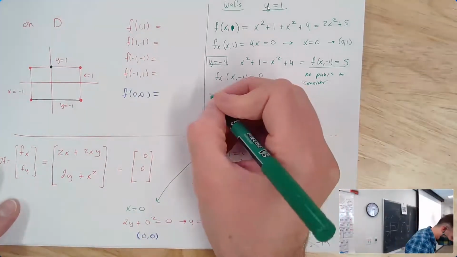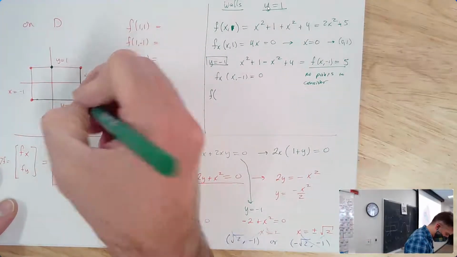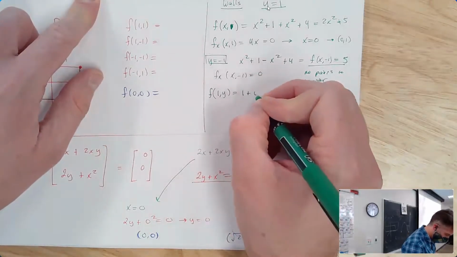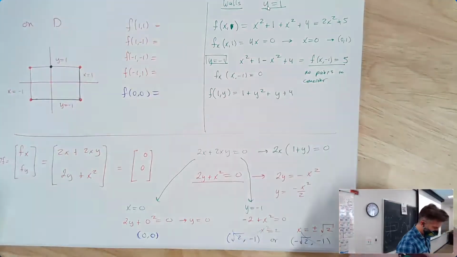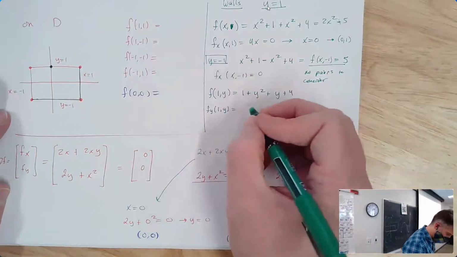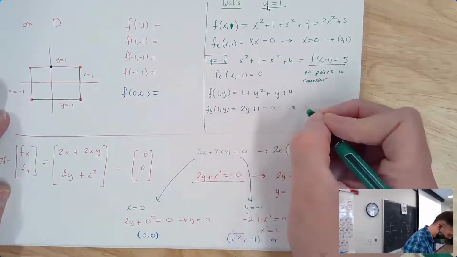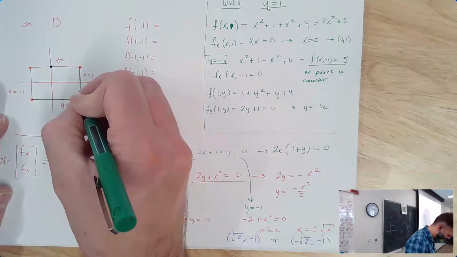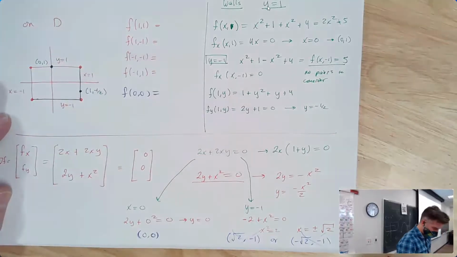All right, now we're going to look at this wall, f of 1 comma y. That's going to be 1 plus y squared plus 1 times y plus 4. And then we take the derivative. Fy is going to be 2y plus 1. So we're going to get y equal to -1/2. So 1 comma -1/2 is another critical point.